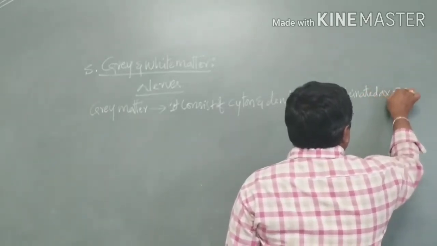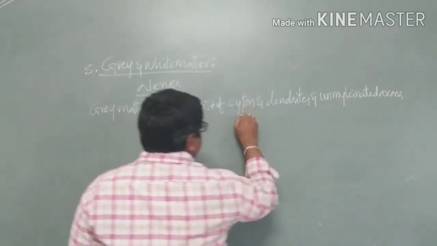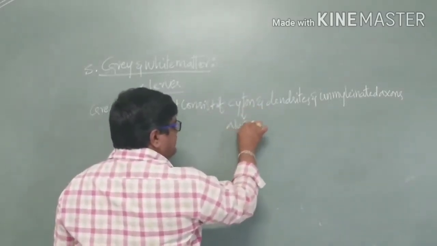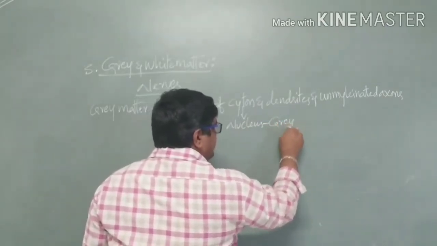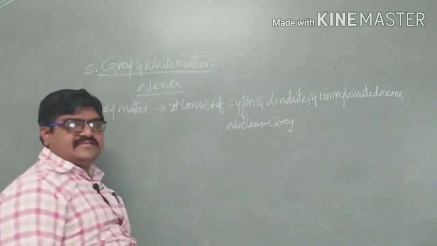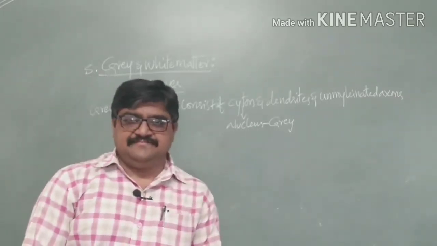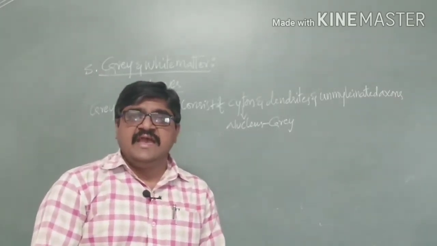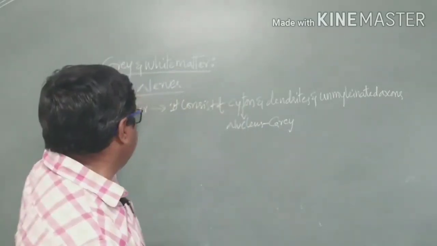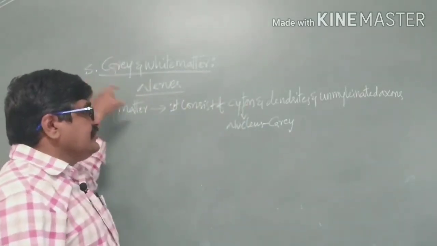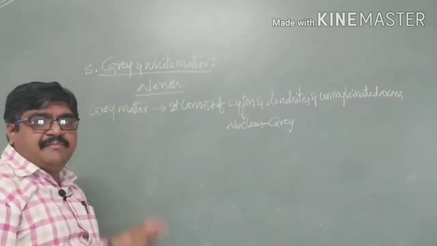In the cyton, the nucleus is stained grey, and it is surrounded by dendrites, which are also grey in color. So due to the presence of these we call it the grey matter.